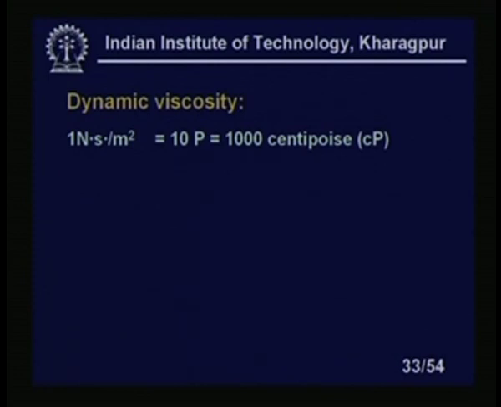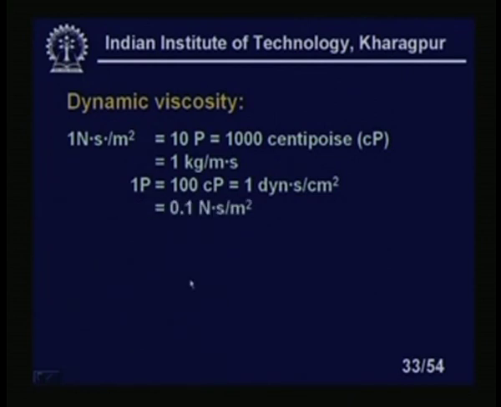Dynamic viscosity, or absolute viscosity, is given as 1 Newton second per meter square equal to 10 poise equal to 1000 centipoise, defined as Cp, which is equal to 1 kg per meter second. 1 poise equal to 100 centipoise equal to 1 dyne second per centimeter square, which is equal to 0.1 Newton second per meter square, which is 0.1 kg per meter second.